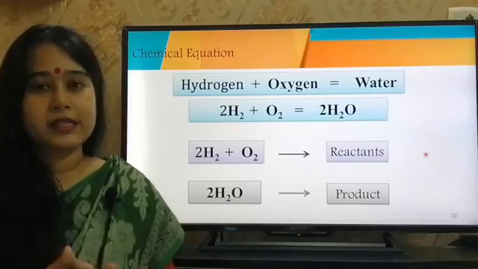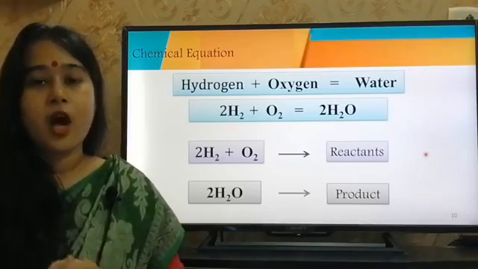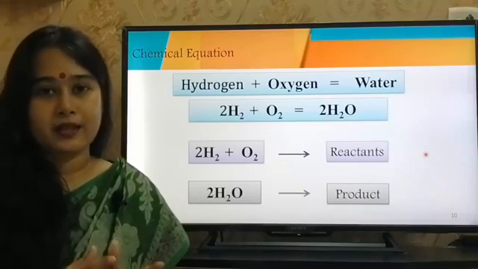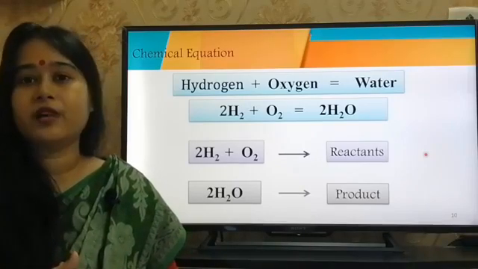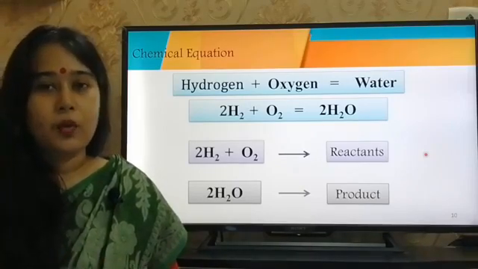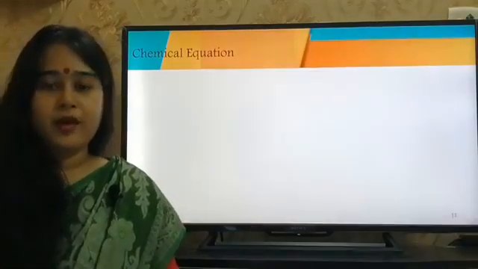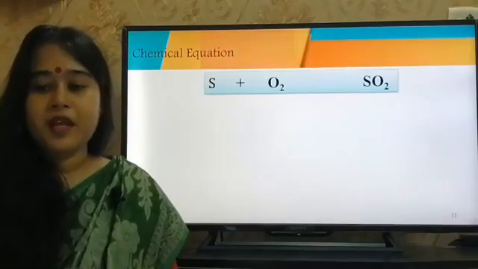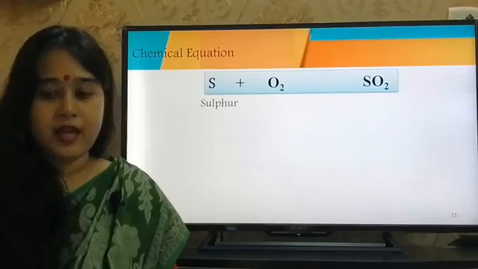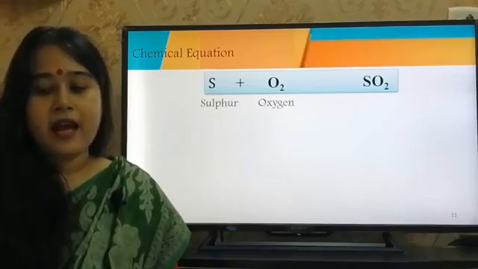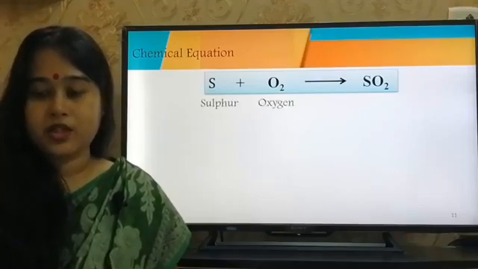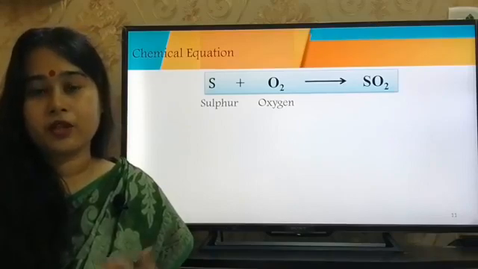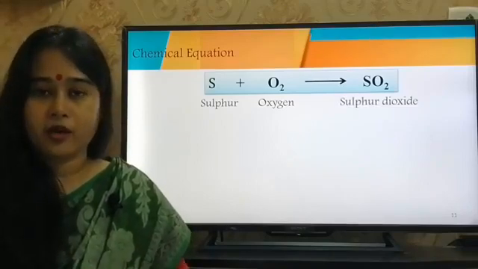So what is the left hand side of the equation? We call that reactants, and on the right hand side of the equation we call that product. Well, for another example, suppose we have sulfur and oxygen and they make a chemical bond, and after that chemical bond we get sulfur dioxide.